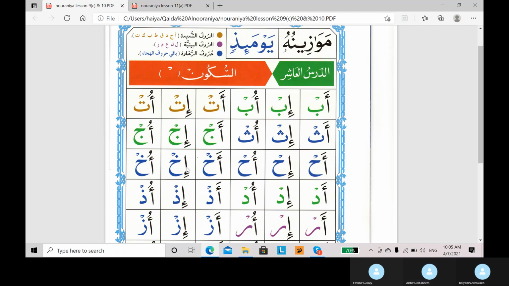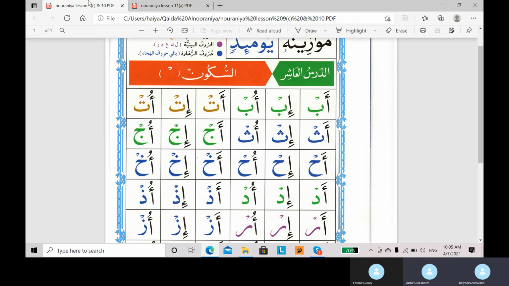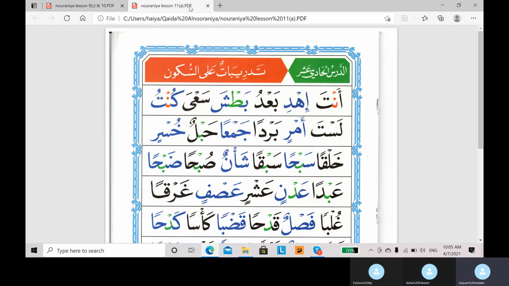Would you like to read the next letter, or we can go to the next line? Next lesson. We go to the next lesson, but in the meantime later I will do more revision on this. The next lesson is the practice and exercises for the sukun.